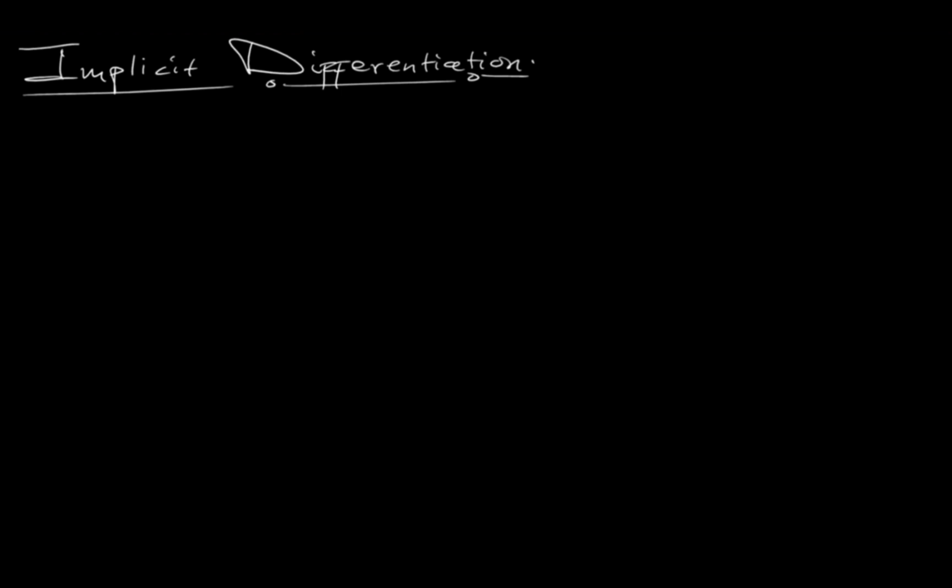Alright, let's get started. So, when do we apply implicit differentiation? When a function is not given in an easy way, say it's not in the form of f of x being equal to ax to the n.